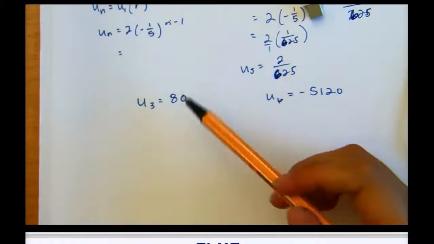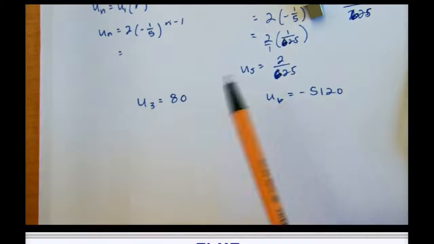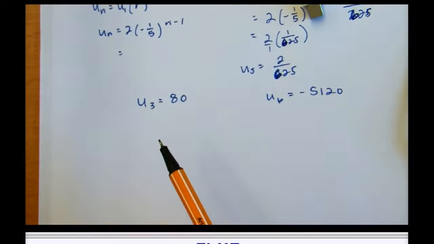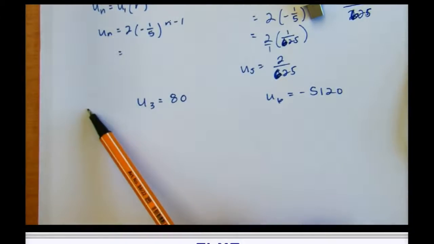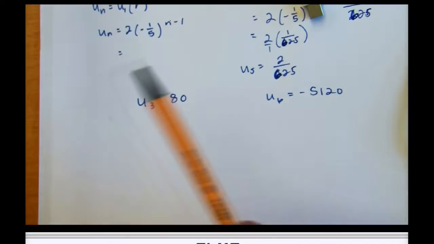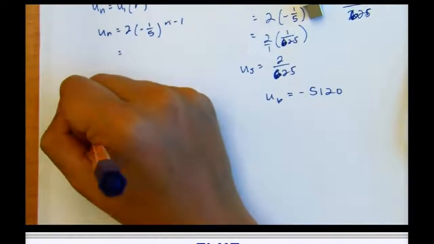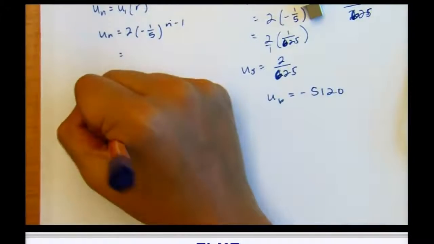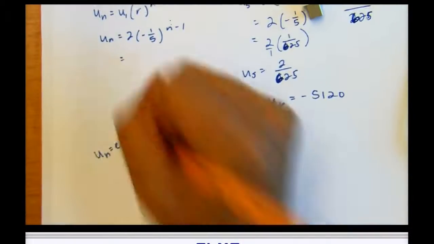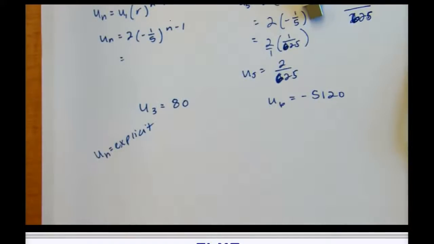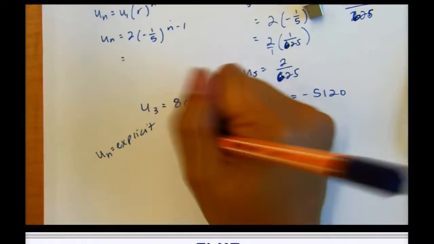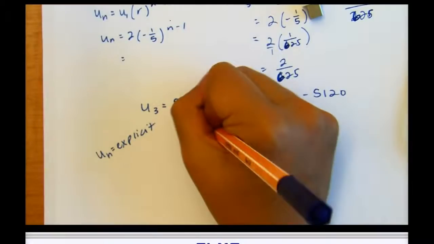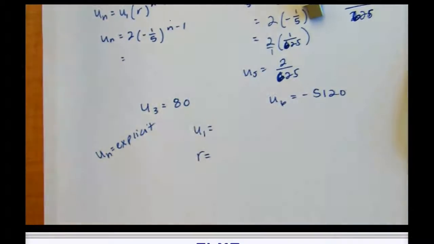So this is what I was talking about earlier when I'm not actually given consecutive terms. And I'm also not given my first term. So let's say that I wanted to find just what is u sub n, or what is the explicit formula between these two terms. So eventually I need to know what is u sub 1, and I need to know what is the common ratio.